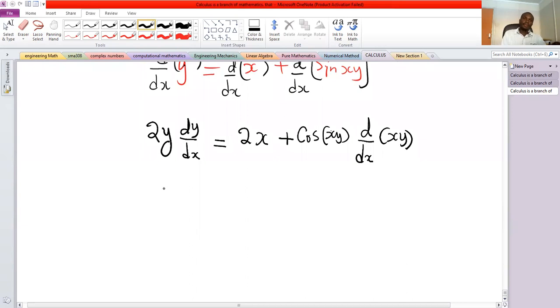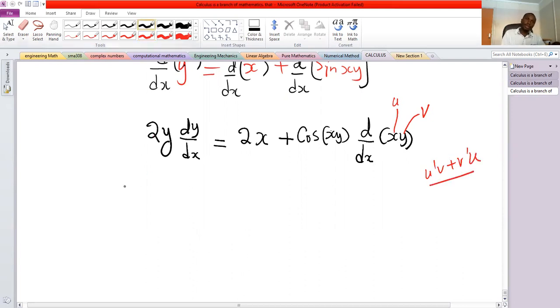And then next step. Here, remember, it's a product of two functions. So this we take to be u, this we take to be v. So you use u prime v plus v prime u, the product rule.